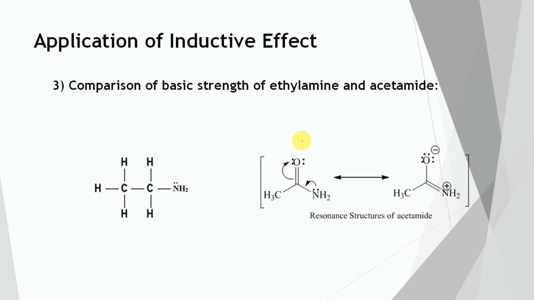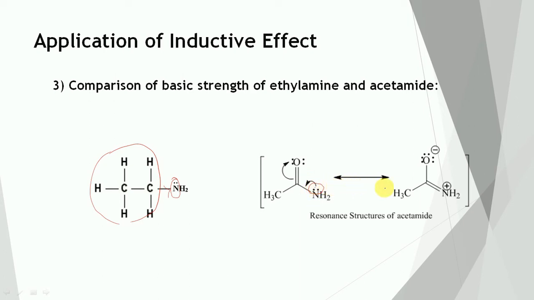Comparison of basic strength of ethylamine and acetamide. In case of ethylamine there is an electron donating inductive effect which increases the electron density on the nitrogen, while in case of acetamide the electron pair on nitrogen is not freely available.